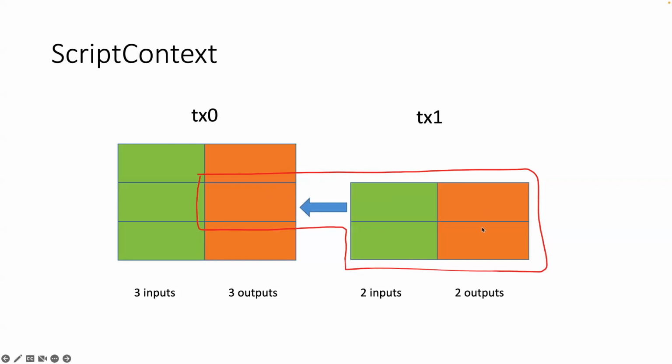Indirectly, you can know all the fields, like the version number or even a lock time field. So the first one is the spending transaction. The second part is a kind of self reference. Basically, it knows the UTXO the contract is receiving, all the information.